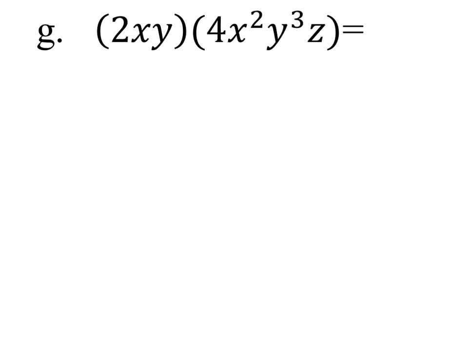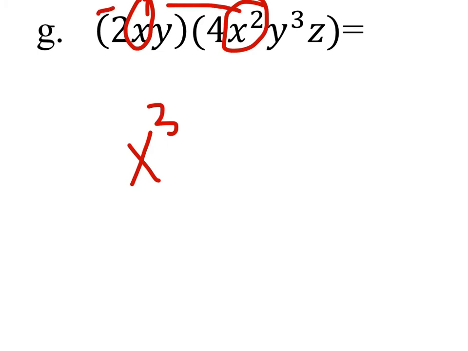Let's start with the x's. So there's an invisible one there, and then there's an x here and an x there. So you want to add the 1 and the 2, which equals x to the 3, and there's a 2 over here. So you want to start that with the equation, and then you go into the y's.